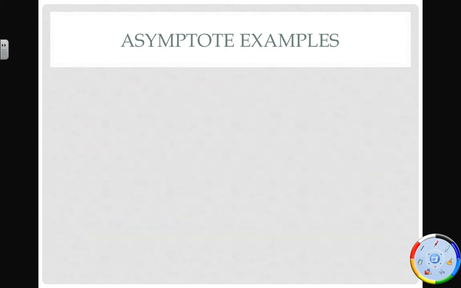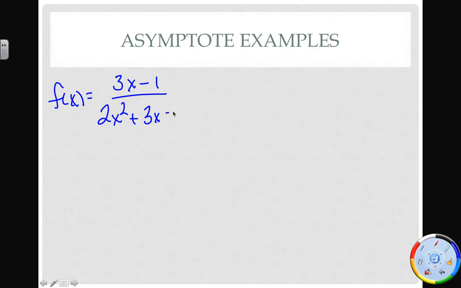What if I said I want to find some asymptotes? All right, so here we go. F of x equals 3x minus 1 over 2x squared plus 3x plus 1. So I need to find my vertical asymptotes, if there are any, and my horizontal asymptotes, if there are any.